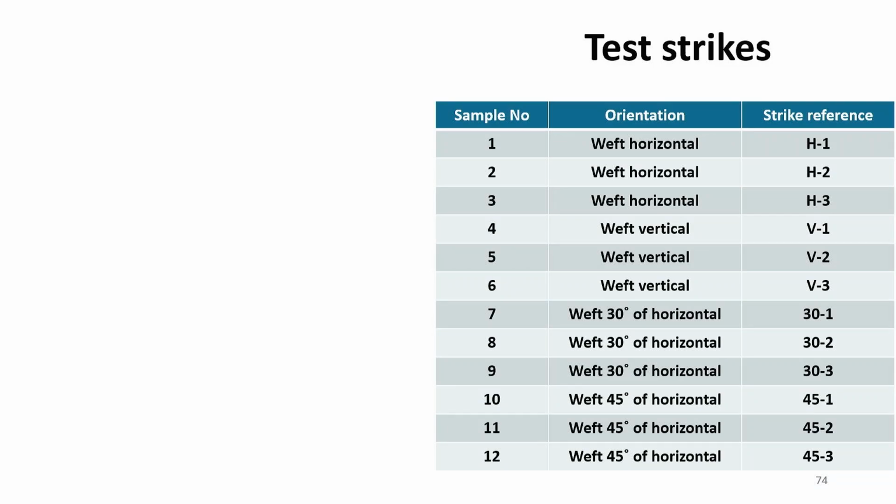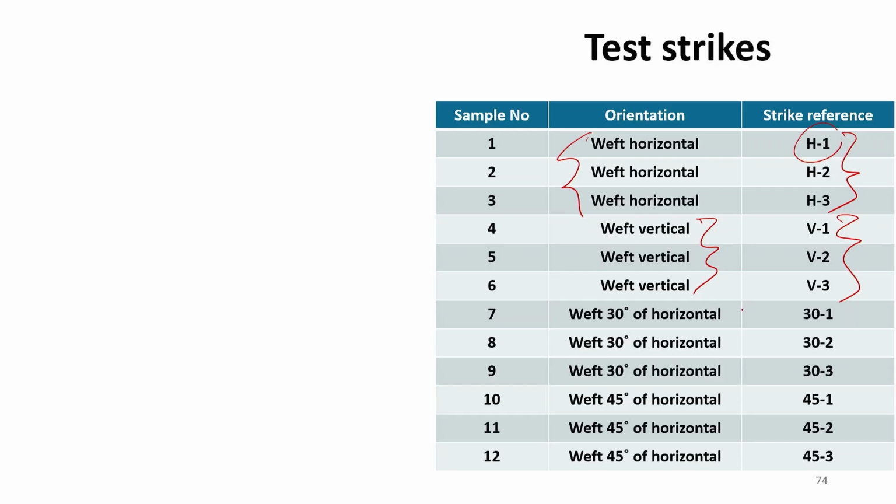Now, the test strike. Three strikes, as we have discussed, in the weft direction which is horizontal: H1, H2, H3. Then three weft vertical: V1, V2, V3.